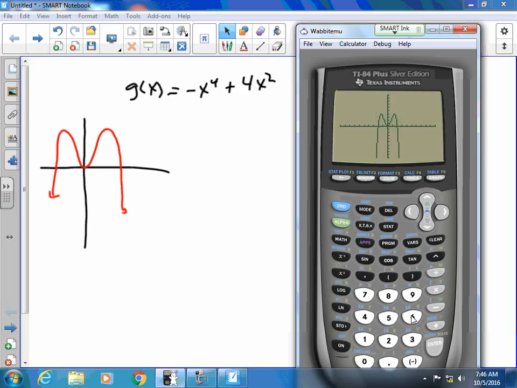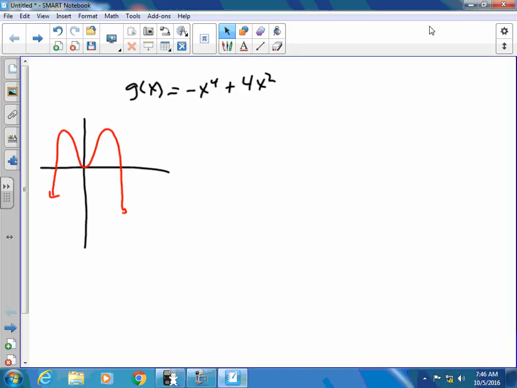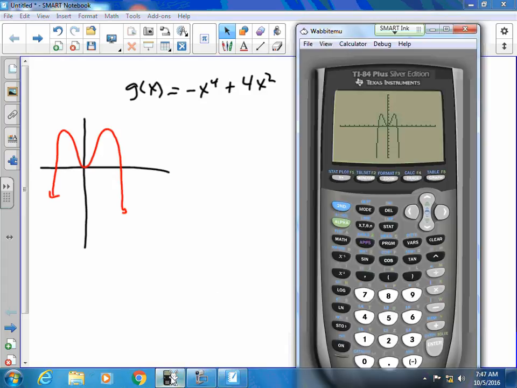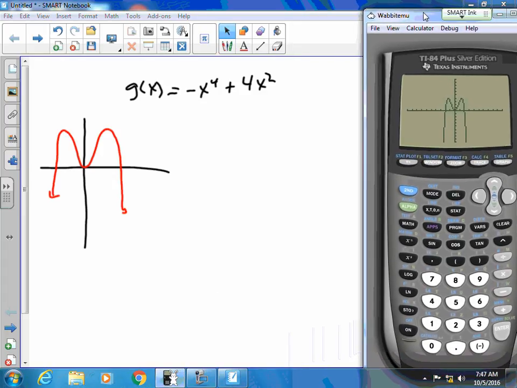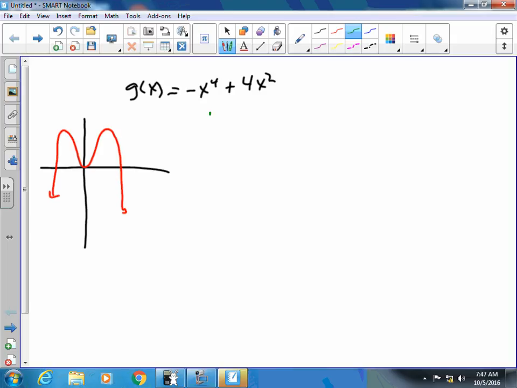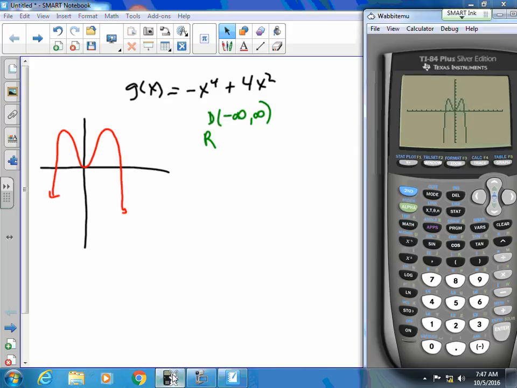Okay, so first step through. Can you give me the domain? Negative infinity to positive infinity. Can you give me the range yet? Negative infinity to something.